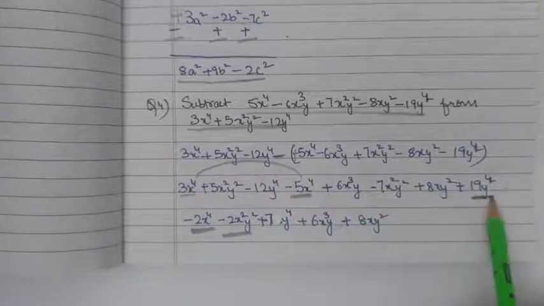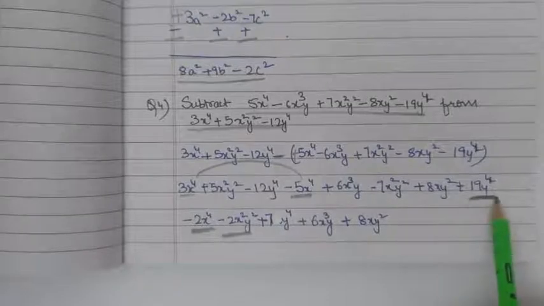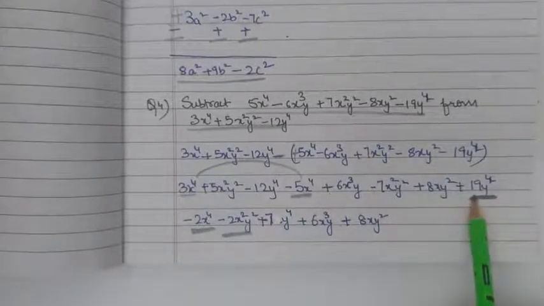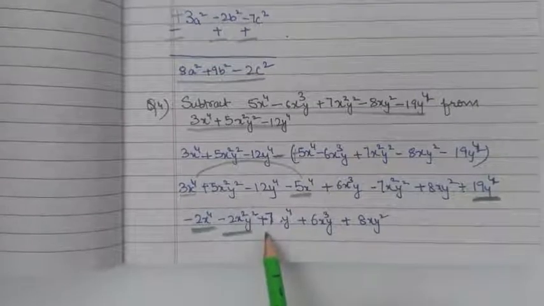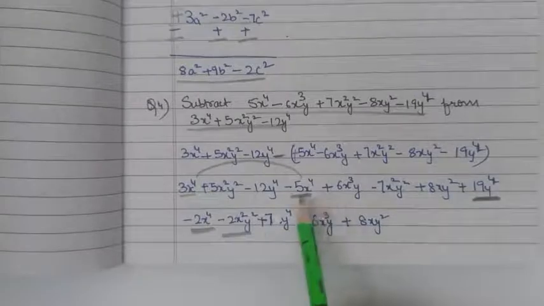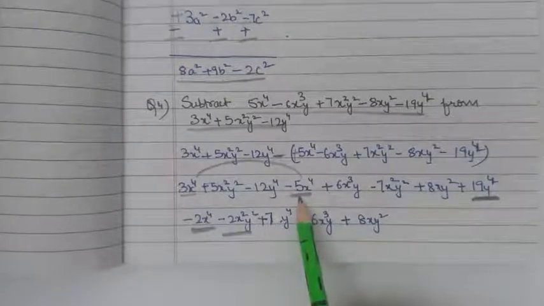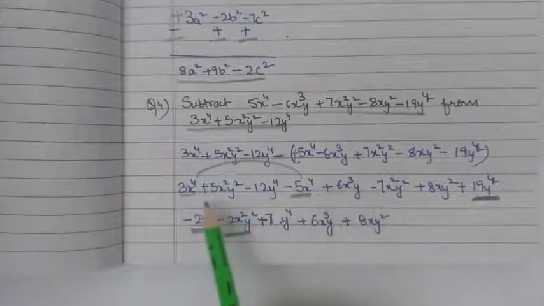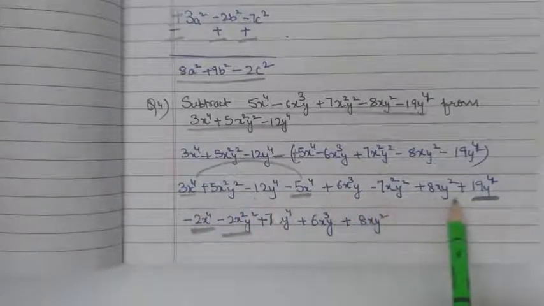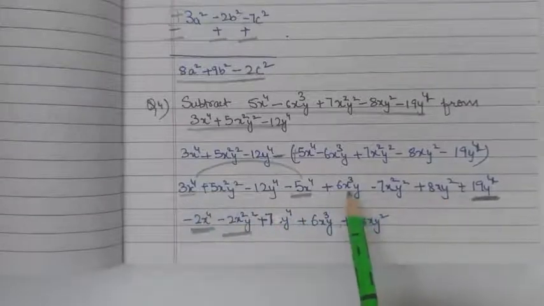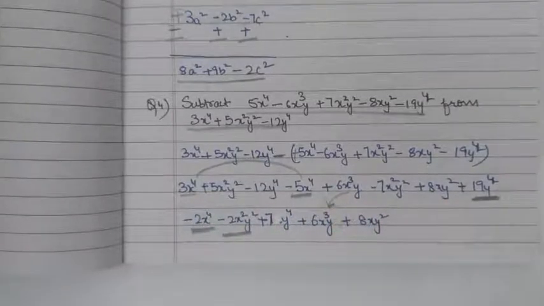Yes, this is the term containing y4. Now minus 12 plus 19 will give you 7, 7y4. Then this we have already used. Next is 6x cube y. There is no other term containing x cube y. So this will remain as such.